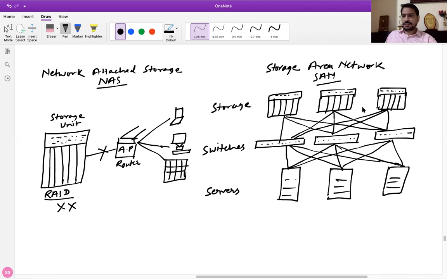Here we have duplicate data stored in different places. So actually storage is more important than your switches and servers, because servers will just serve whatever requests come to them. Let's say a laptop or a computing device has requested one particular data. It will go to the server, the server will find out where the data is, fetch it, and give it back to the client, right?